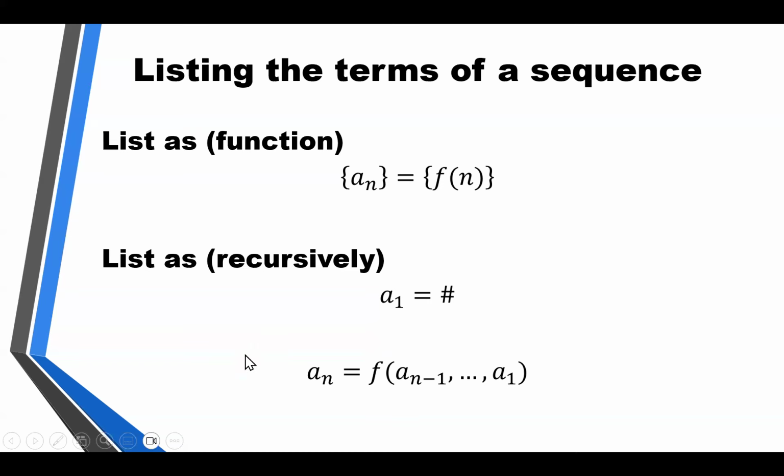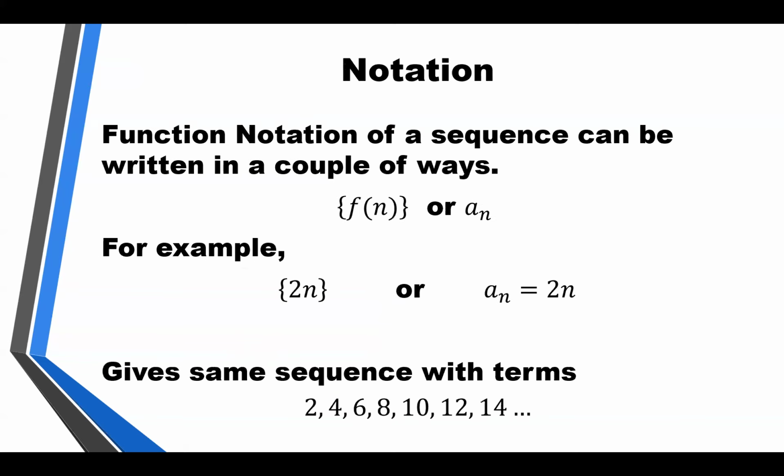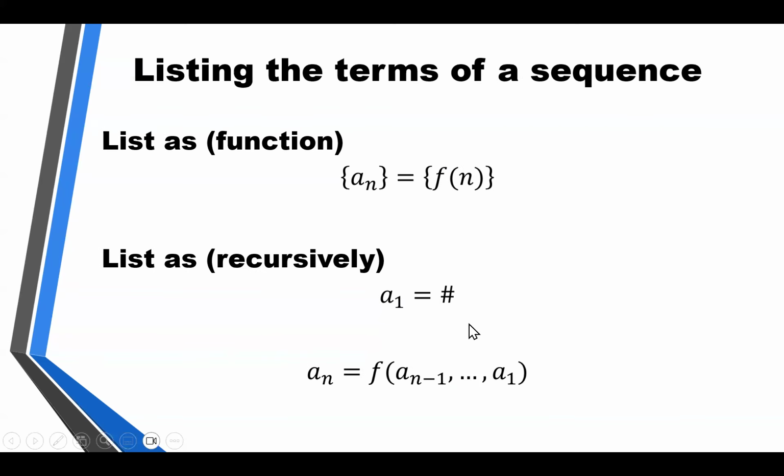That would be a recursive definition of a sequence. So we can have the function definition or the recursive definition of a sequence. By the way, sometimes you have to list off not just the first term, but the first few terms, and then the function that gives you your next term involves 2 or 3 or 4 different previous terms.